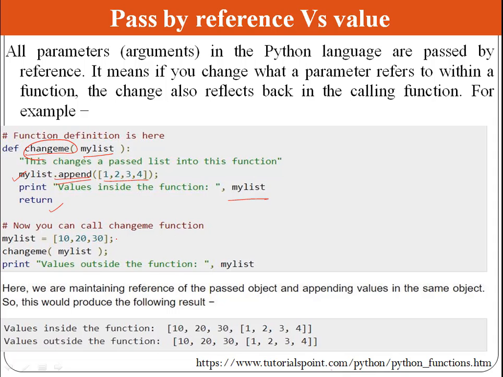You are trying to print it. So if you try to print the values inside the function, it is 10, 20, 30, 1, 2, 3, 4, right? So you are appending it. Outside again it will be 10, 20, 30, 1, 2, 3, 4, right? So here we are maintaining reference of the passed object.